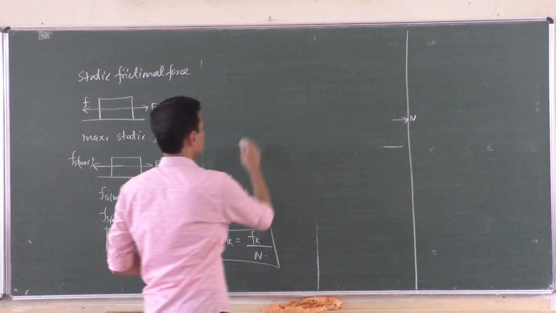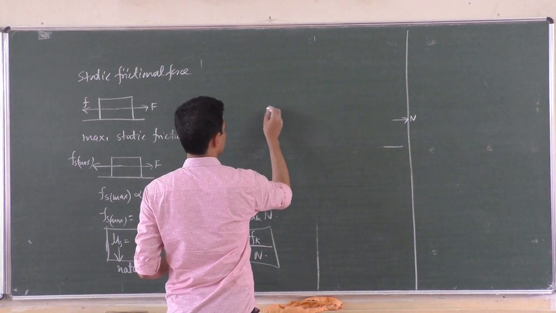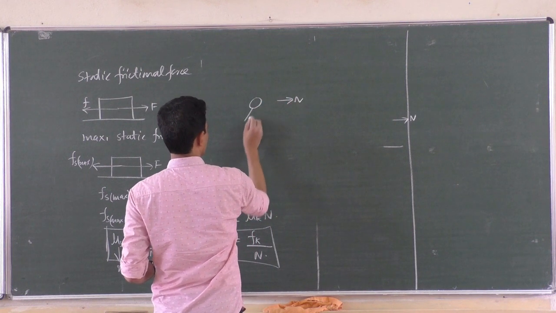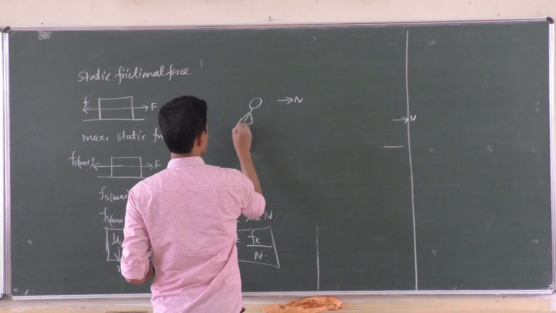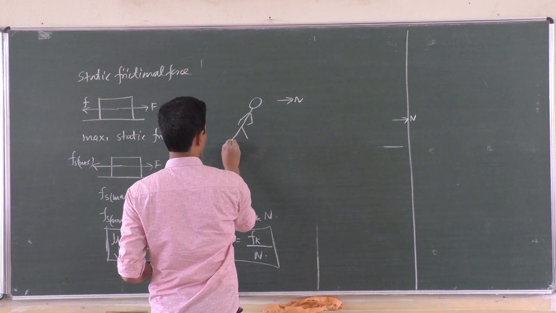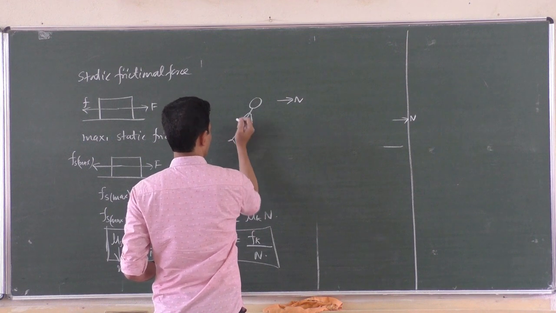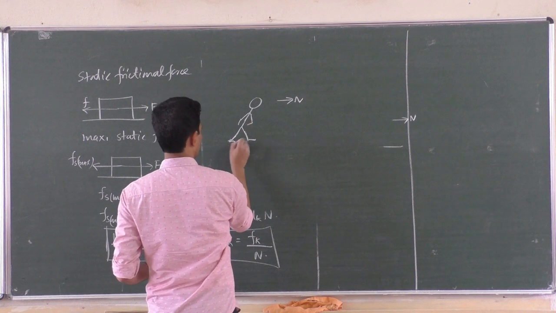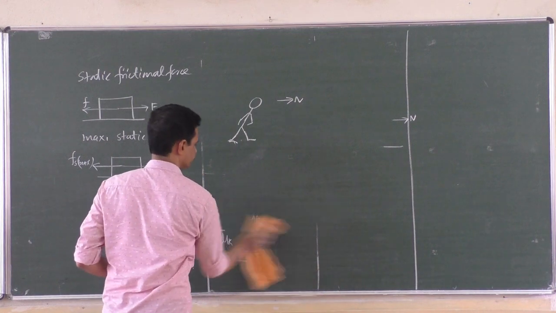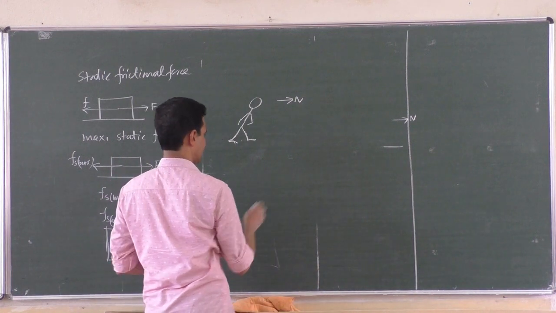How? If you want to walk towards north, you will be walking like this, and your hands will be like this, and legs will be like this, right? When you want to walk on the ground, what will you do? You will push the ground through your legs.